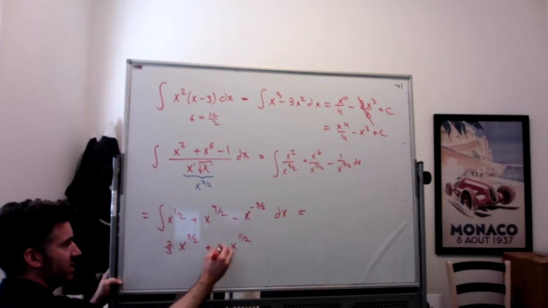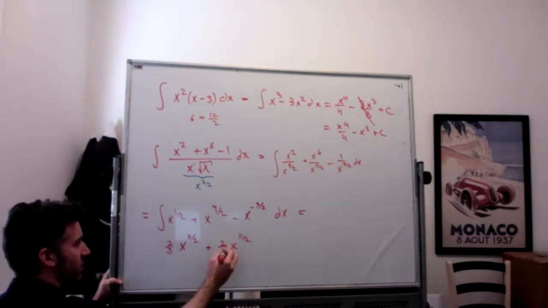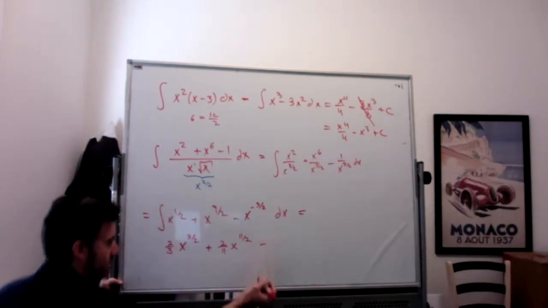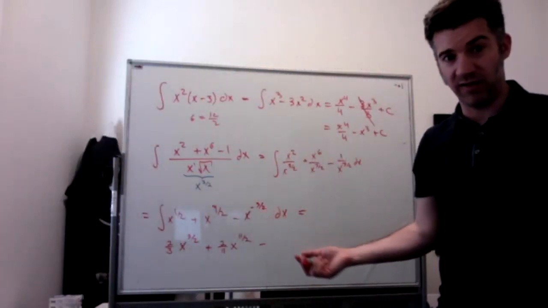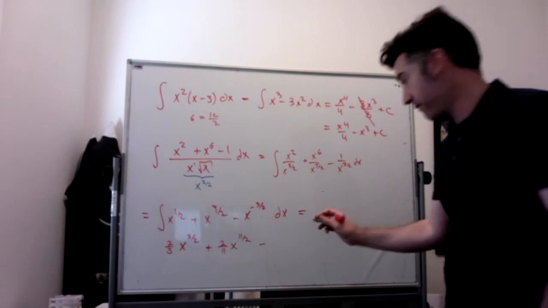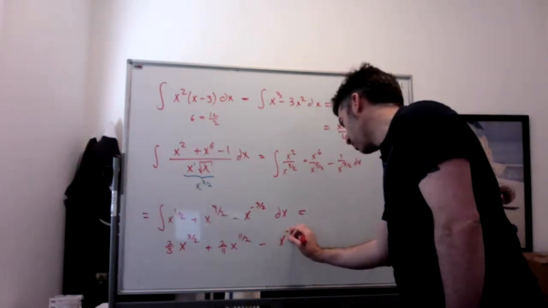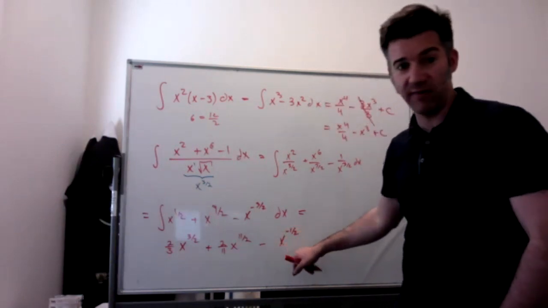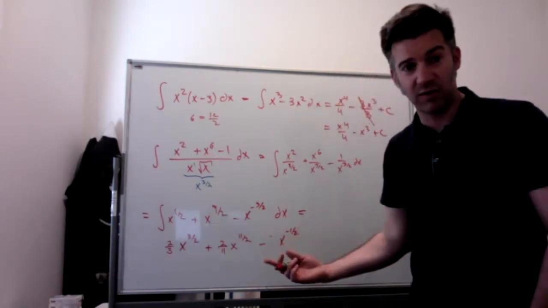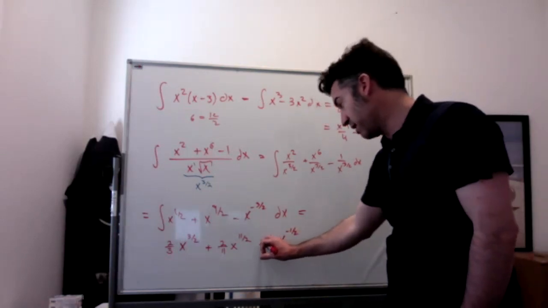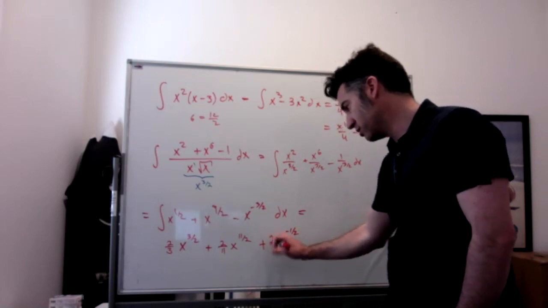Divided by 11/2 is the same as multiplying by 2/11. Minus x to the negative 3/2 plus 1, so negative 3/2 plus 2/2 is negative 1/2. So you get x to the negative 1/2 divided by negative 1/2, which is the same as multiplying by negative 2. Since I'm multiplying by negative 2, but I have a minus, it's minus a minus 2, or plus 2.